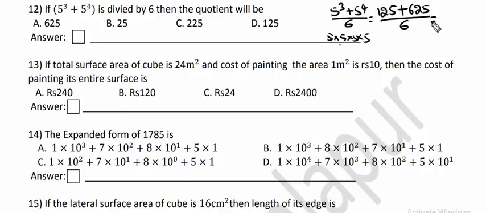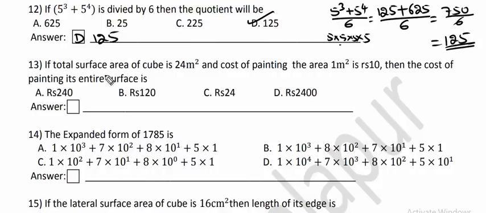So you add these two: 125 plus 625 gives you 750, divided by 6. You have to divide 750 by 6. 6 ones are 6, it becomes 15, 6 twos are 12, 6 fives are 30, so 125 comes. So option D, 125, is the correct answer.